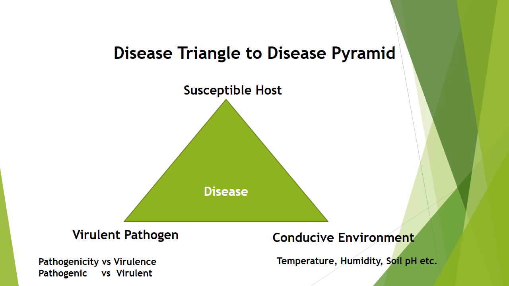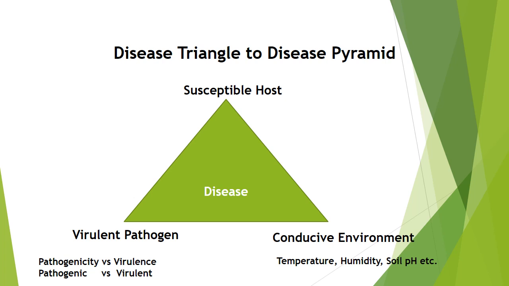But on the other hand, if the environment no longer remains conducive, or the susceptible host no longer remains susceptible, or the virulent pathogen loses some degree of virulence, it will reduce the disease. So the quantity of disease is directly proportional to these factors.